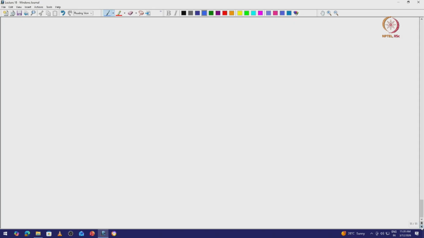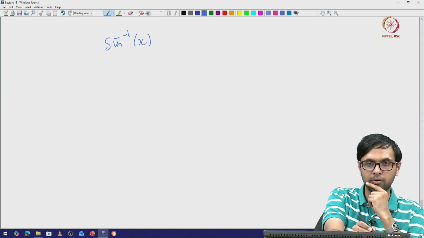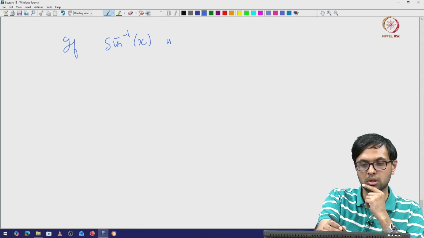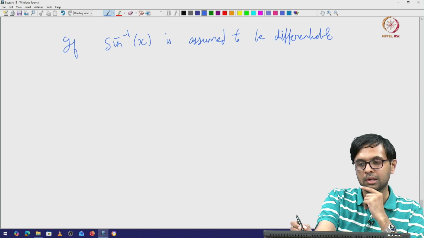So recall this point in one variable calculus. One of the points of the chain rule in one variable calculus was to compute the derivative of sine inverse of x, right? So if sine inverse of x is assumed to be differentiable, first of all, we have to be careful here.